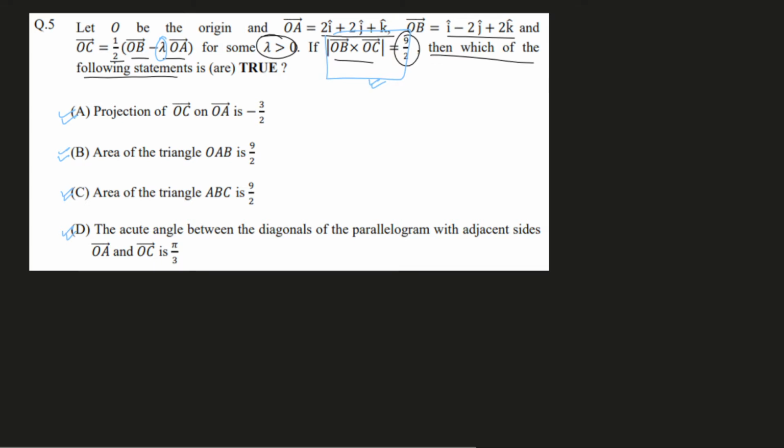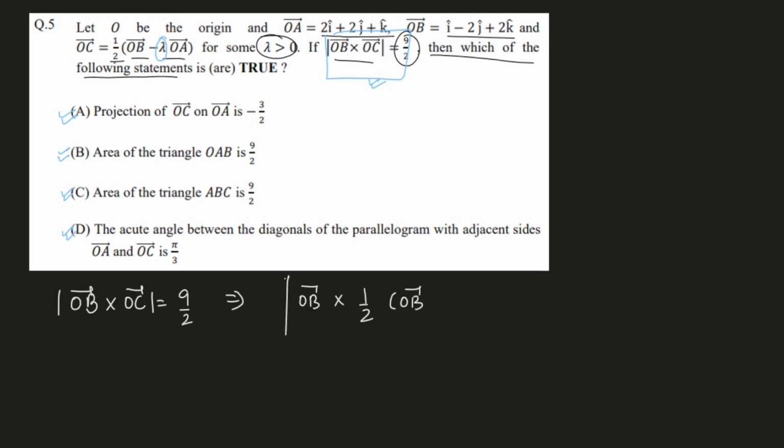It says that vector OB times vector OC is equal to 9 by 2. Now we can write vector OC in terms of the two known vectors. So this equation can be written as vector OB times half of OB minus lambda into OA, equal to 9 over 2.